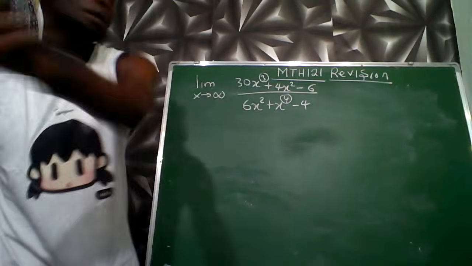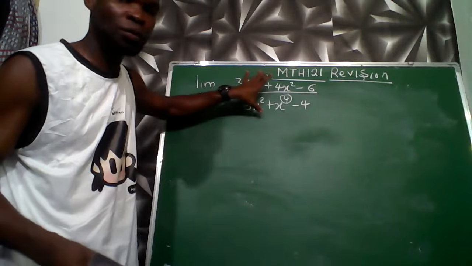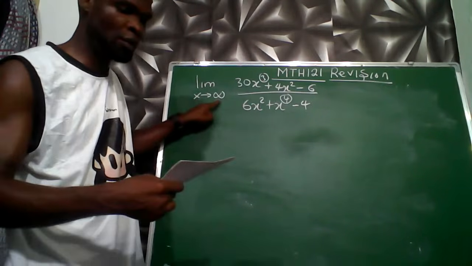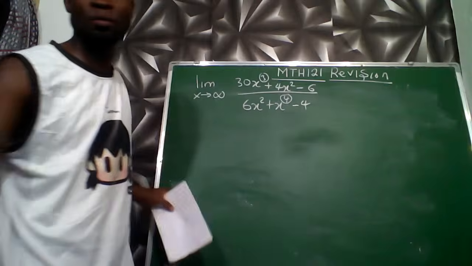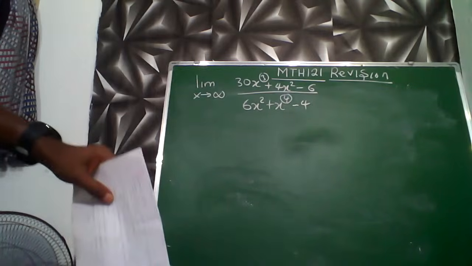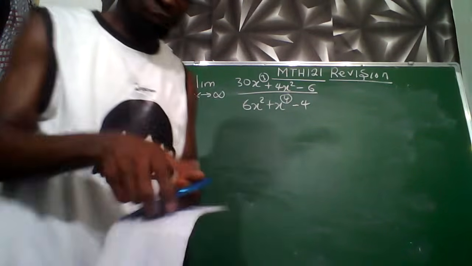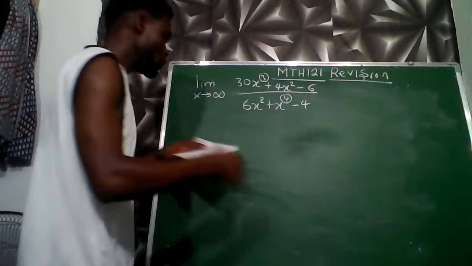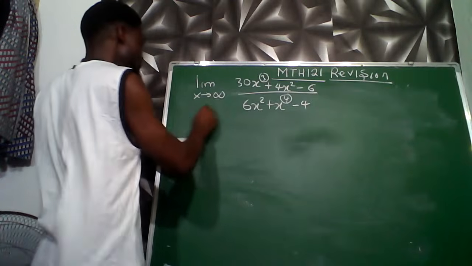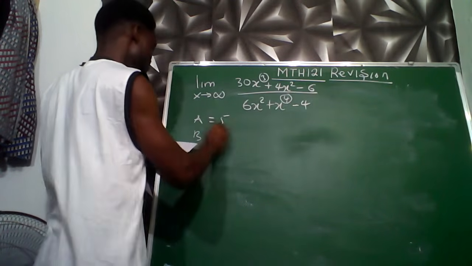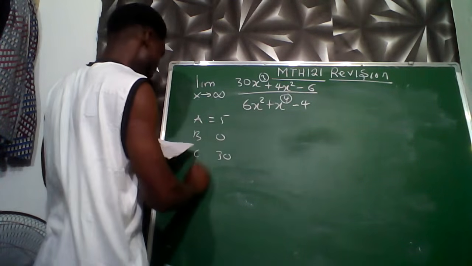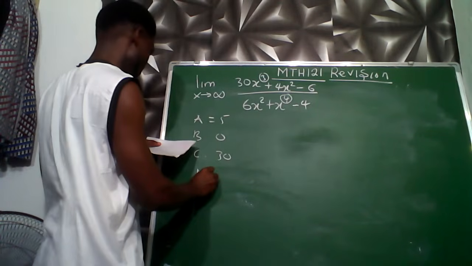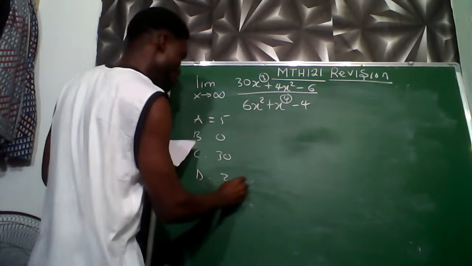When you want to find the limit of such a function as x tends to infinity, let me check the options and read. The options are A is 5, B is 0, C is 30, D is 2/3.